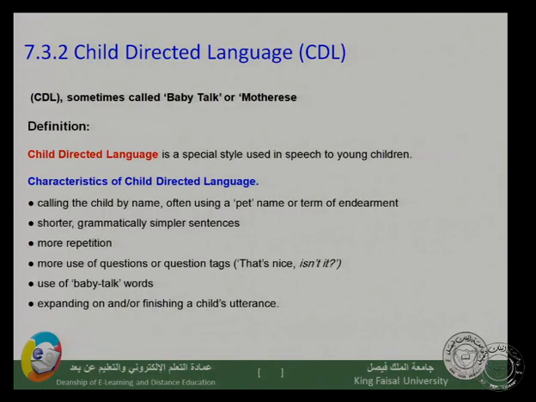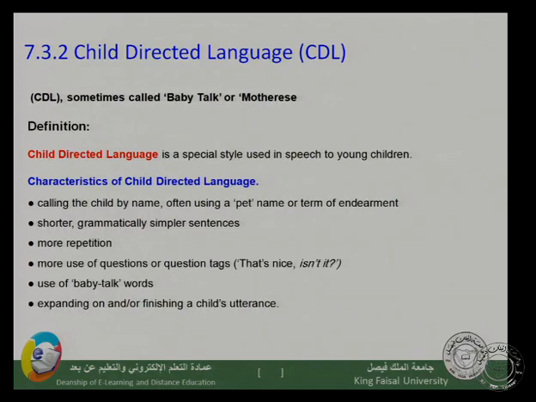Again, you also use repetition, because it is expected that a child will not understand the first time, so you need to repeat whatever you tell him, so that you make sure that he got the message, or he understood what you have told him. So these are just some of the characteristics of our language when we communicate with little children.